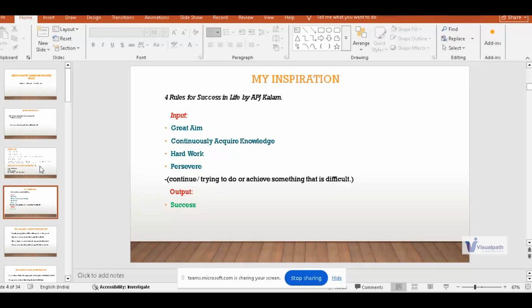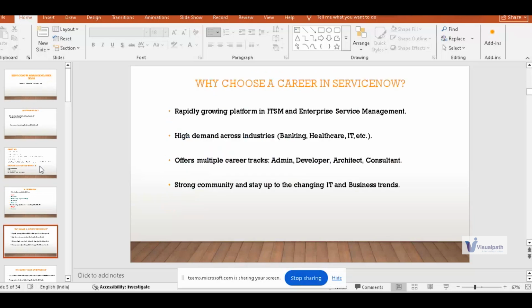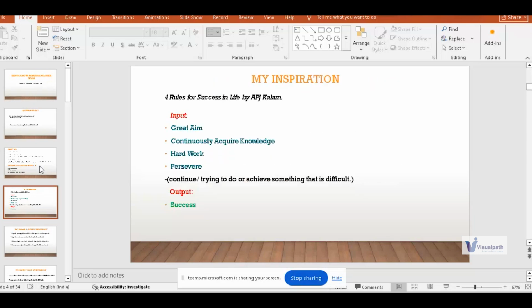We have a lot of work, a lot of stuff at work and at home. We are committed, but you have to make it a point. Instead of going to reels and shorts on the internet, we can spend some time, because we are here for that. Continuously acquire knowledge, work hard and persevere, and the output will definitely be success.